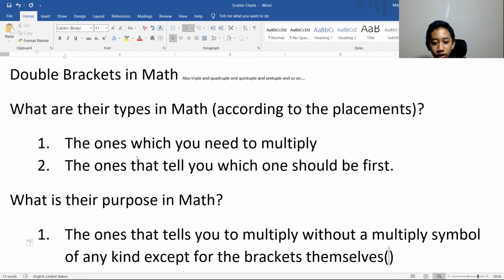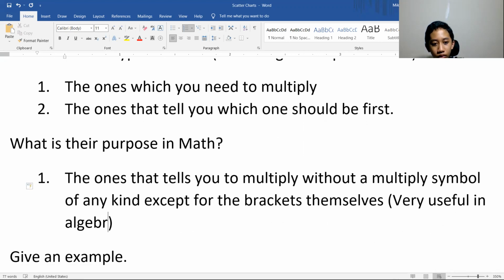Very useful in algebra due to x being easily mistaken for a variable.